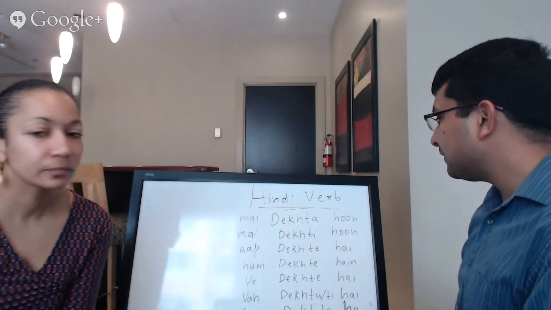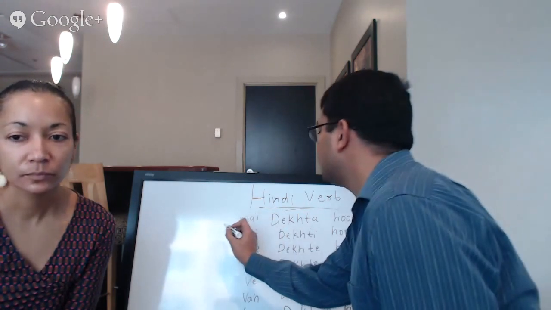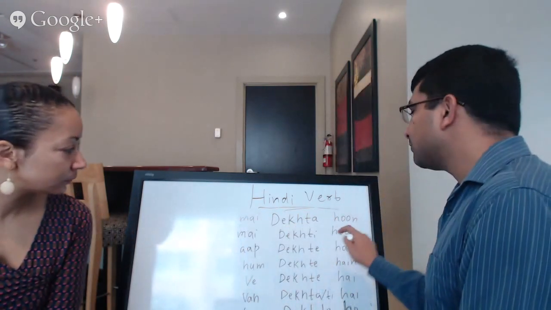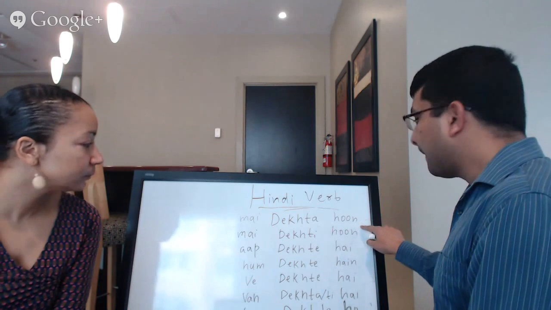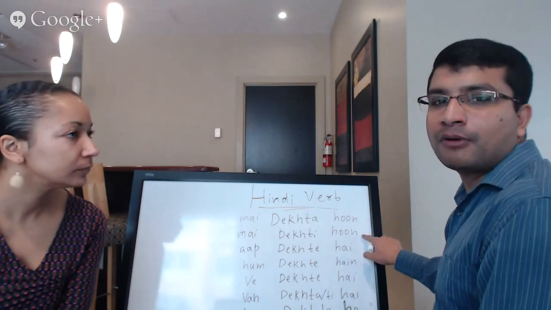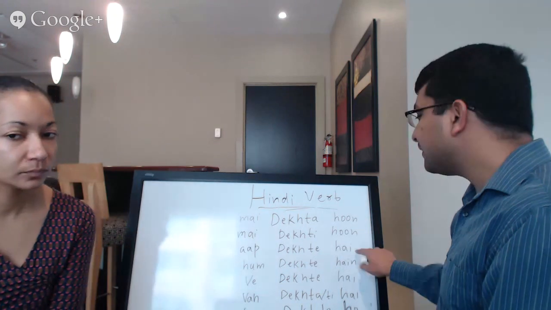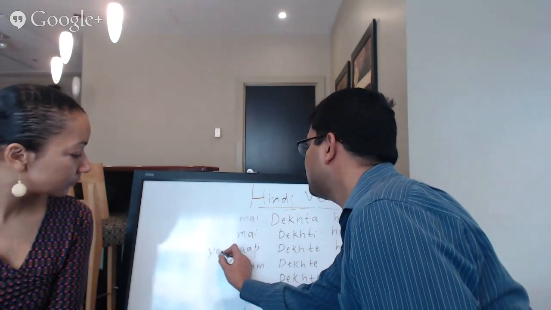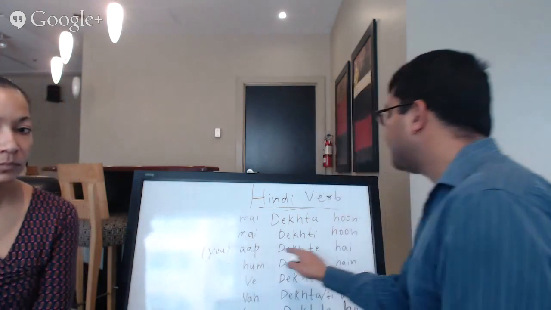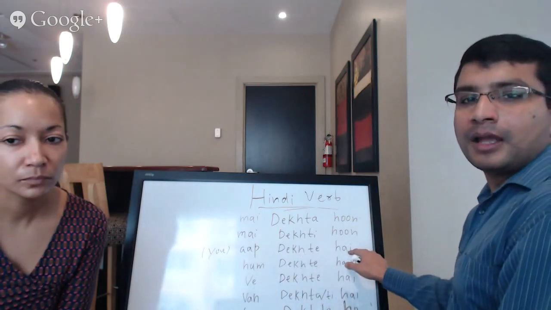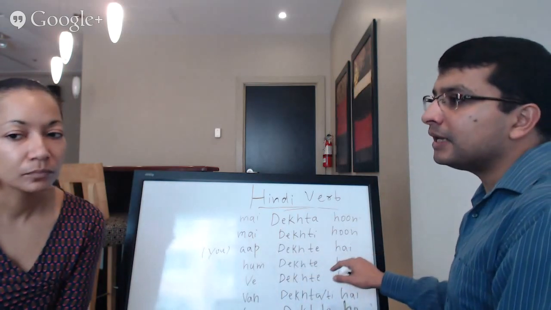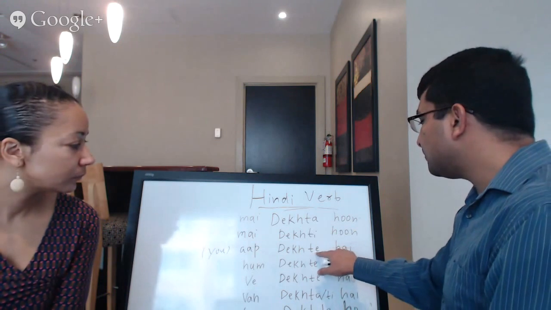So again, just to repeat, it will be मैं देखता हूँ for a singular male. मैं देखती हूँ would be for a singular female. आप is, I'll write it down here, for you. आप देखते हैं. And आप can refer to both male or female.